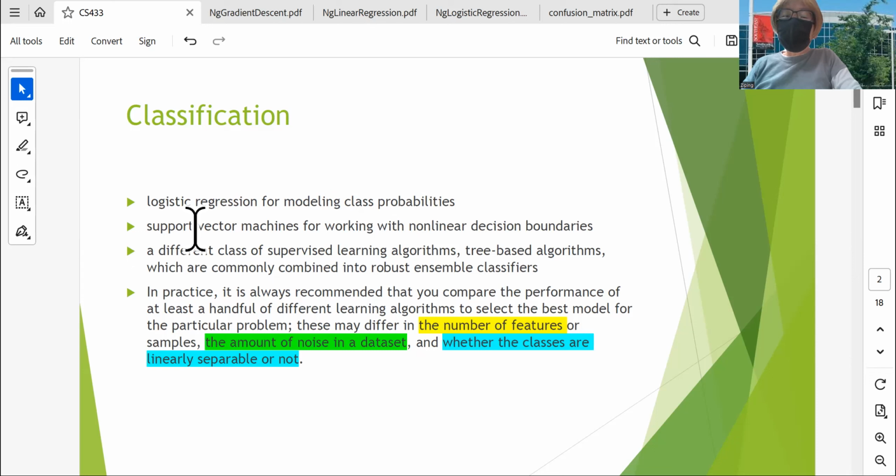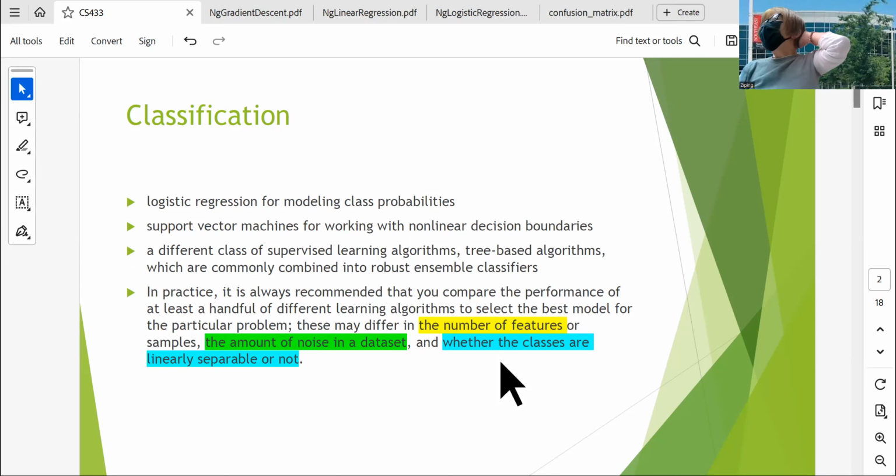Later on we will learn support vector machine. It is for nonlinear data. If you recall, perceptron and Adaline are for linearly separable data. If the data is not linearly separable, you cannot use them. Later on, we will also learn tree-based methods.